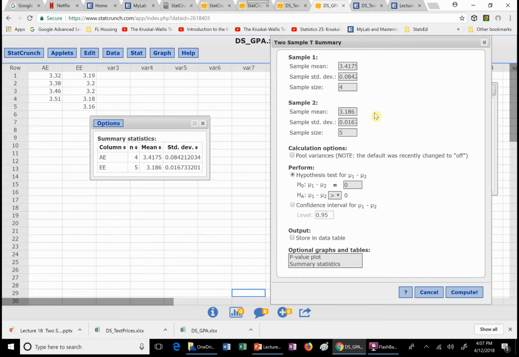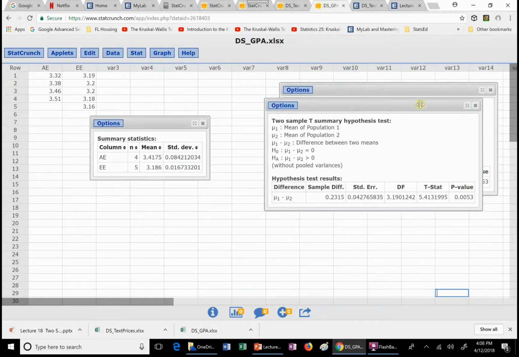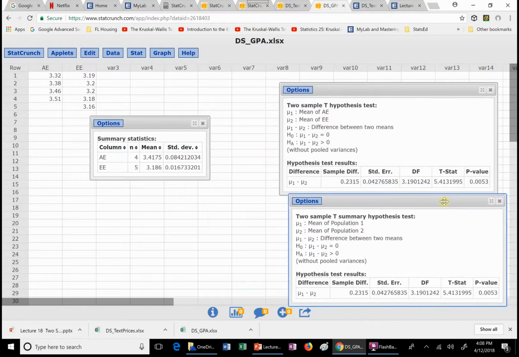So this is going to test that the 1, which is the aeronautical engineers, is greater. But notice if I flip them, if I put the double these first and aeronautical second, I flip the direction. And when you run this, you should get exactly the same result.